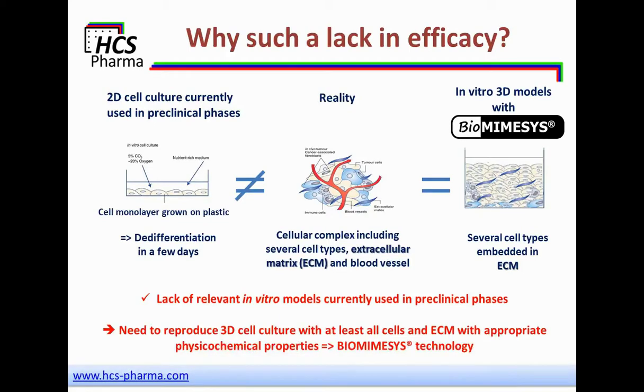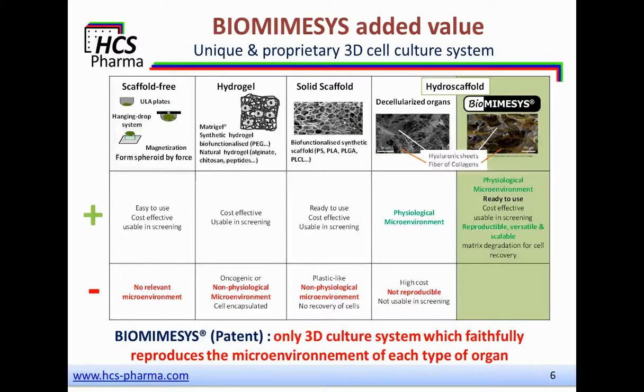That's why we think that we should go further in 3D cell culture models, and that's why we are using biomimesis for in vitro studies. So our point of view is that we should reproduce 3D cell culture with at least many cells and with the ECM, meaning the extracellular matrix, with the appropriate physical chemical properties, and that's why we are using biomimesis. Now I will let Zied talk about this technology in more detail.